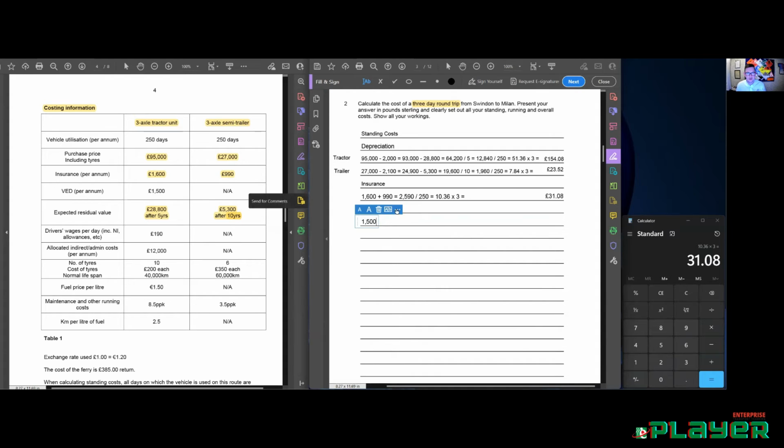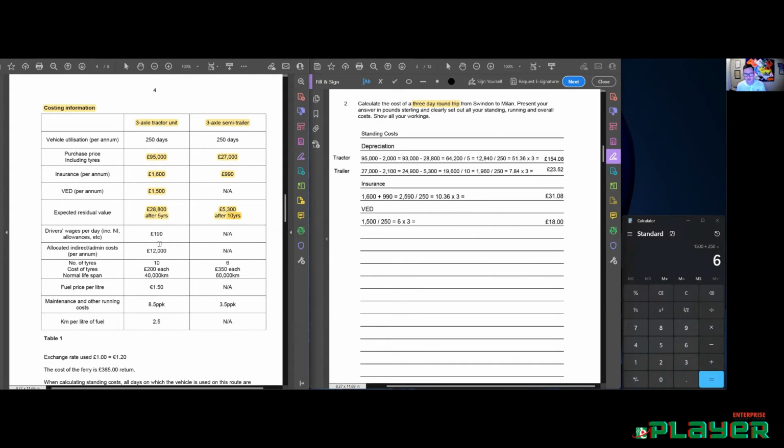All I've got to do is divide that by its utilisation, which is 250. 1,500 divided by 250 gives me a daily cost of £6 per day. Then I times that by 3, which gives me an overall cost of £18 for VED. So I can highlight that on my case study.